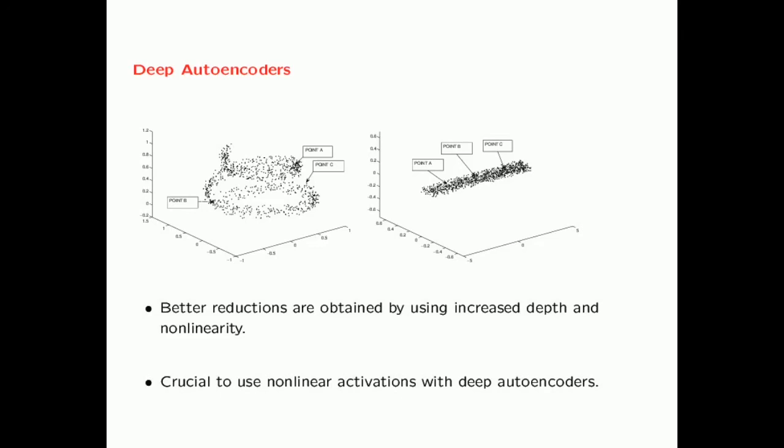It's a three-dimensional data distribution, but it's impossible for SVD to find any kind of reduction to less than 3 dimensions without a large amount of error. However, if you use a deep autoencoder with nonlinear activations, you can actually obtain an embedding of this data set in 2 dimensions. I have shown that on the right hand side.